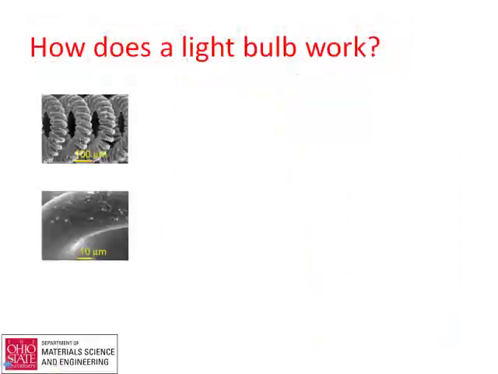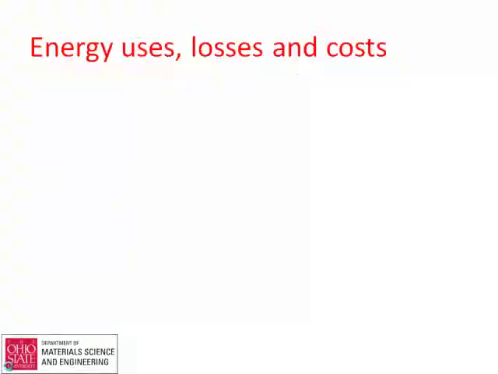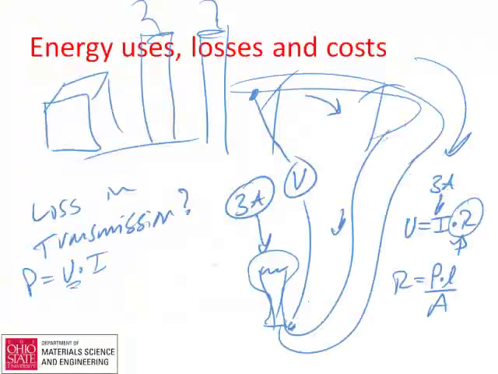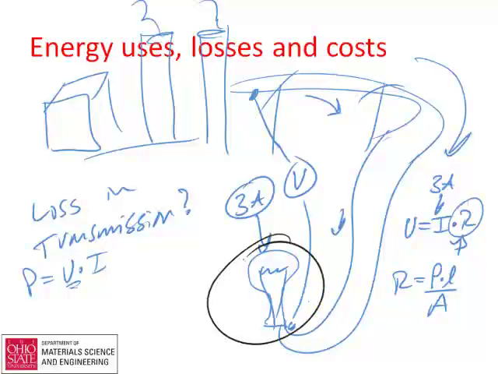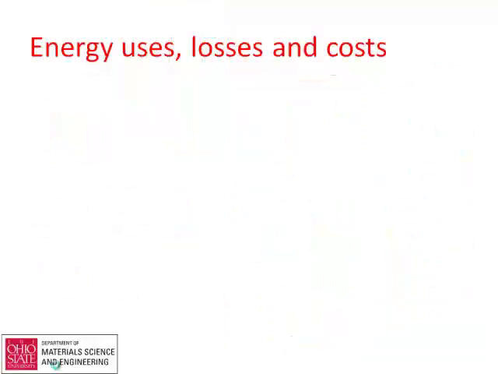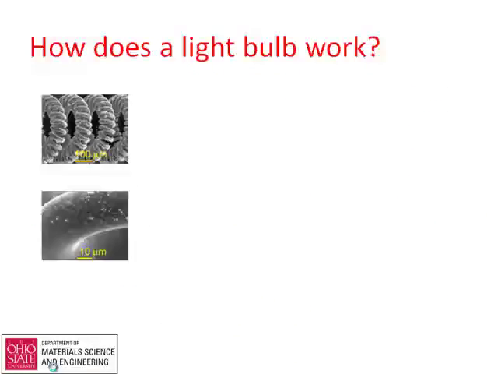Okay, so let's continue that analogy a little bit further, and let's focus now on this part of it, the light bulb. Say I've got my voltage coming in, I've got current, I want to use it to light a light bulb. What does a light bulb look like? A light bulb is really amazing.